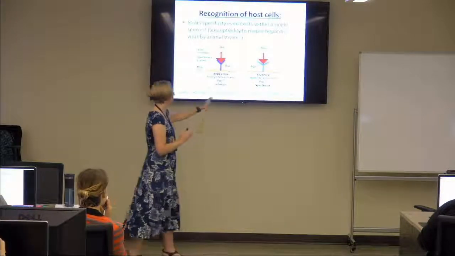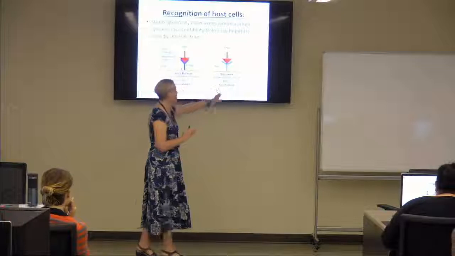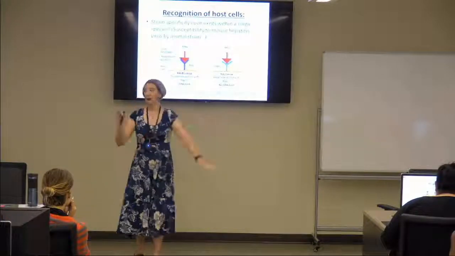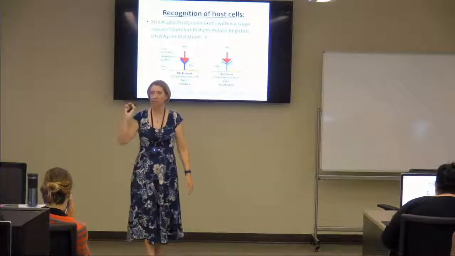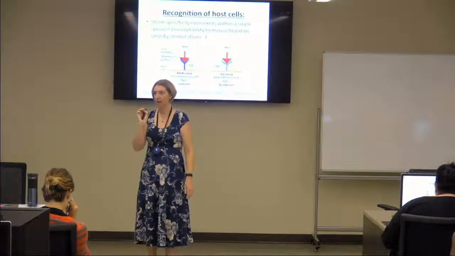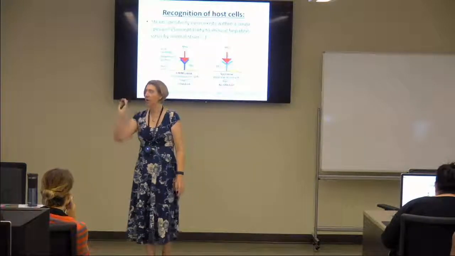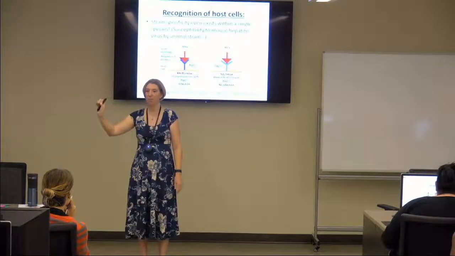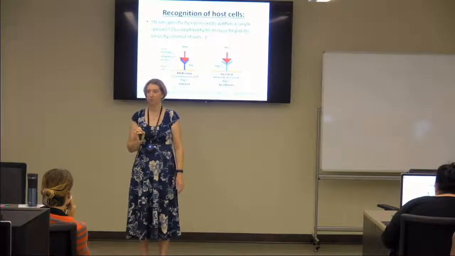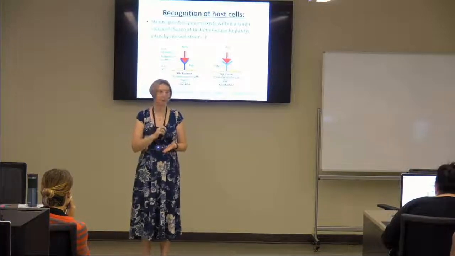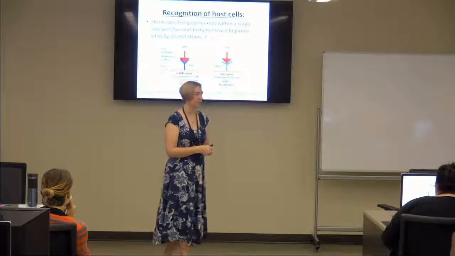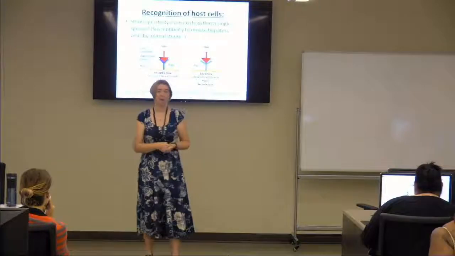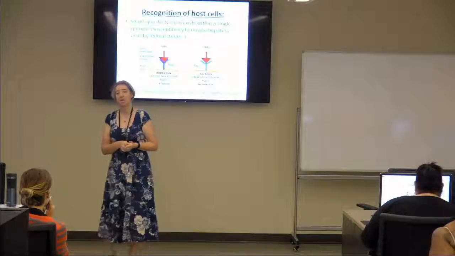There is a strain of mice, genetically different, that have this same receptor, but do you see the receptor? They're drawing it a little bit differently here. And it's different enough that the protein for that virus can no longer bind to that receptor. So if it can't attach, can it enter into those cells? No.